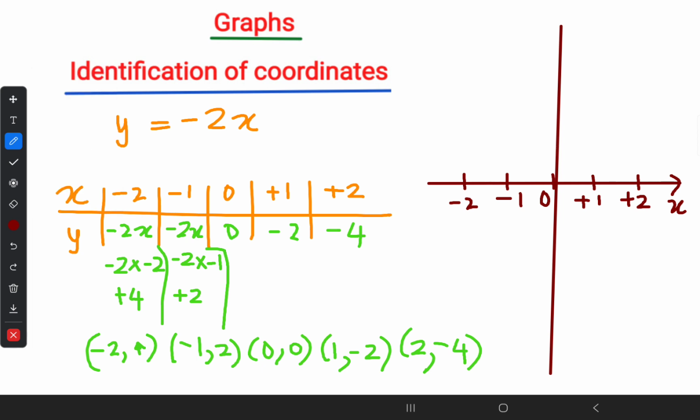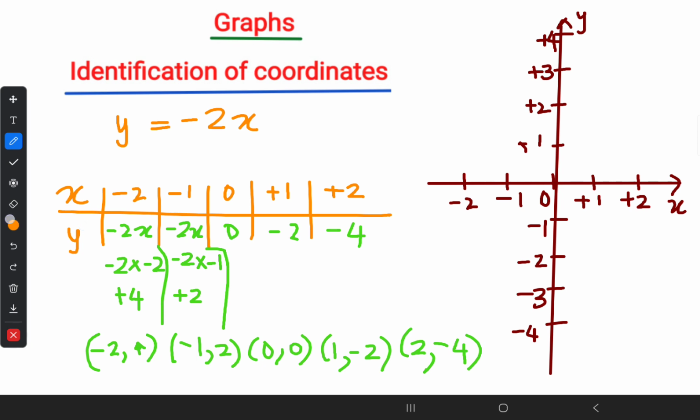So the minimum is -4: -1, -2, -3, and -4. In the positive region, we will have +1, +2, +3, and +4 as maximum. This would be our y-axis. Labeling of axes, that is important.